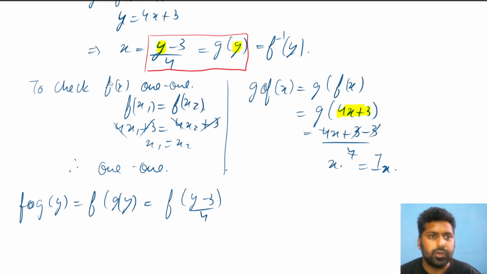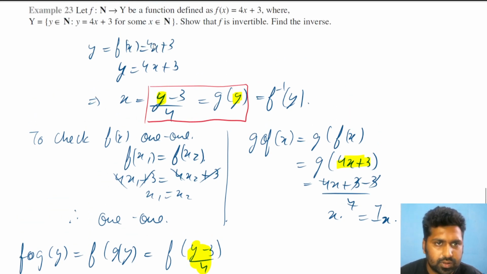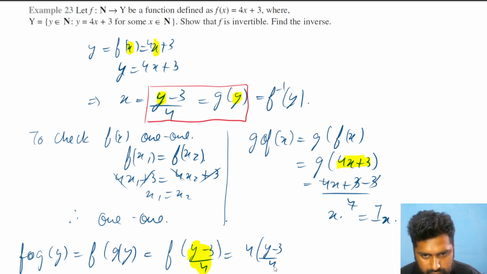Now you replace each x in f of x. What was f of x? This one. So you replace each x in f of x with y minus 3 upon 4. So 4 into y minus 3 upon 4 plus 3. 4 cancels. This is y minus 3 plus 3. It also cancels. It becomes y.